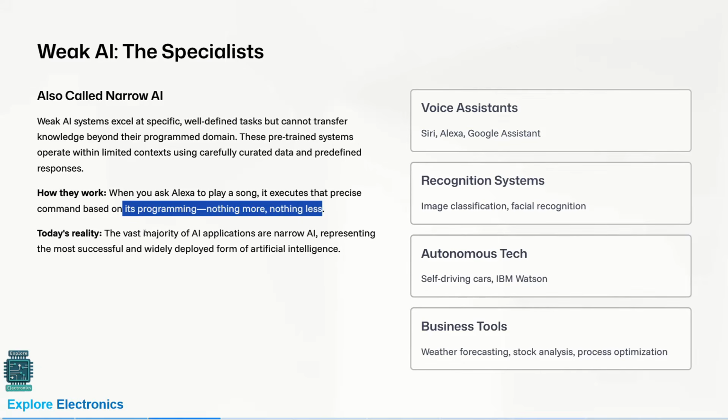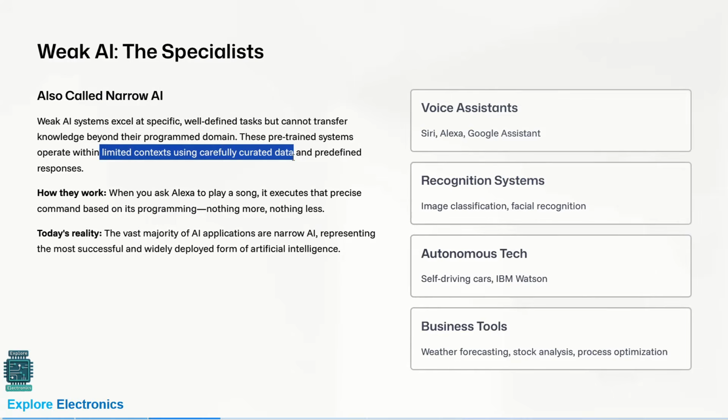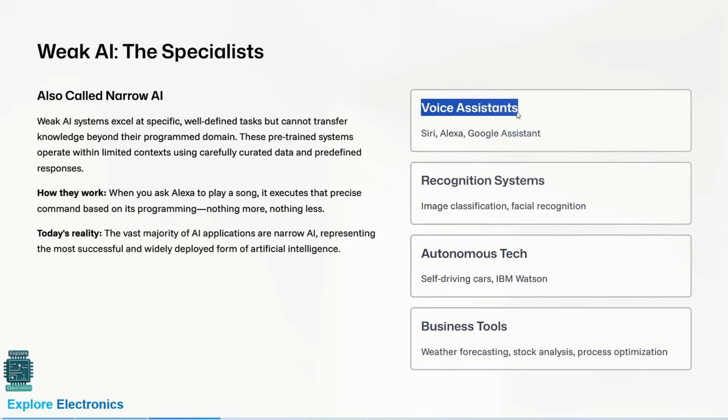In today's reality, the vast majority of AI applications use narrow AI, representing the most successful and widely deployed form of artificial intelligence. So these are pre-trained systems. They operate with limited context using carefully curated data and predefined responses. Other examples of weak AI: voice assistants such as Siri, Alexa, Google Assistant, all these are weak AI.